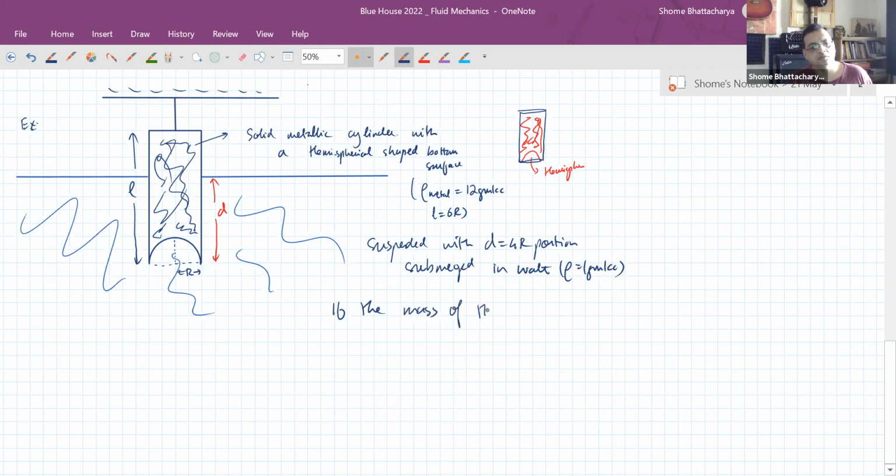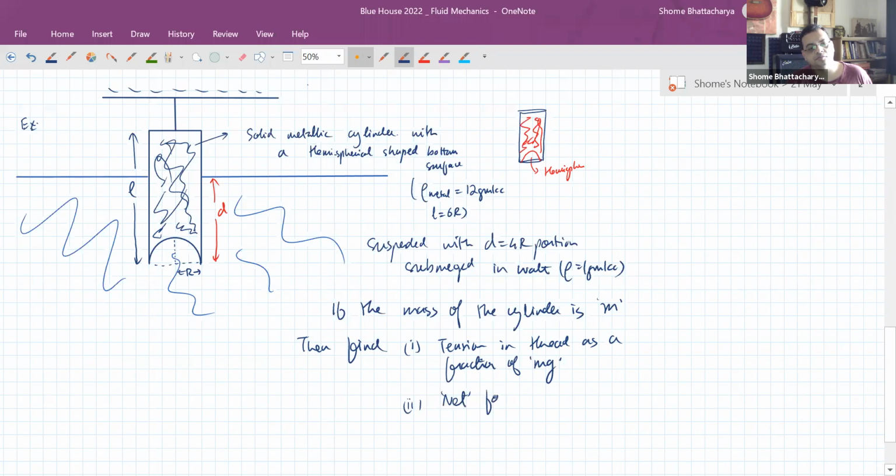If the mass of the cylinder is m, then find the tension in the thread as a fraction of mg, and the net force by hydrostatic pressure on the bottom surface, again, as a fraction of mg.